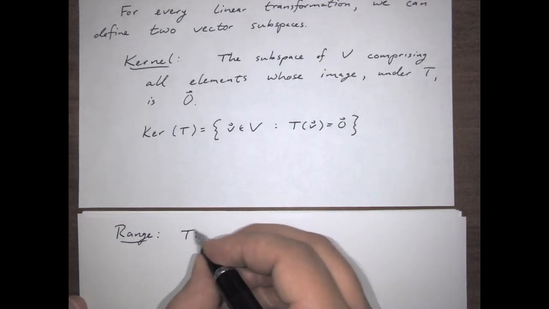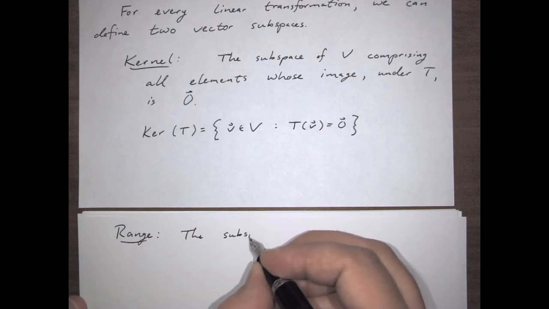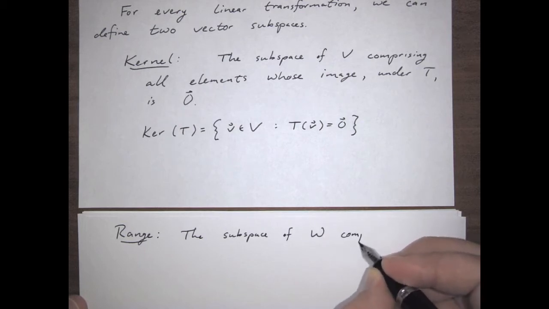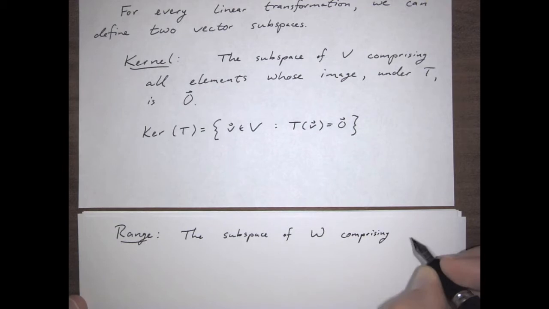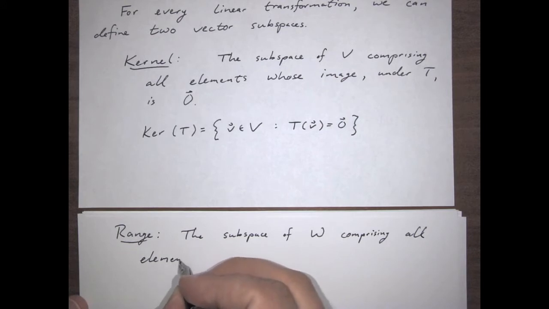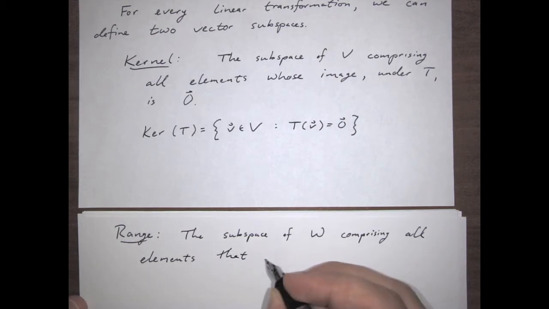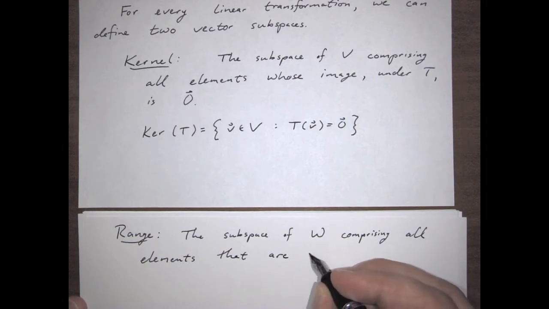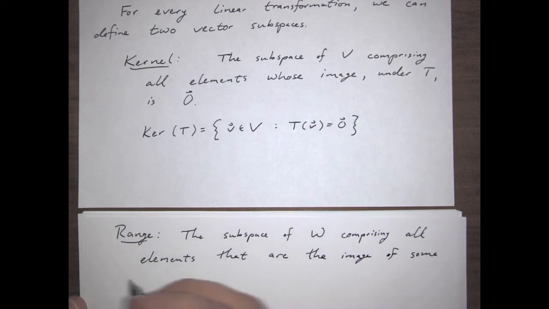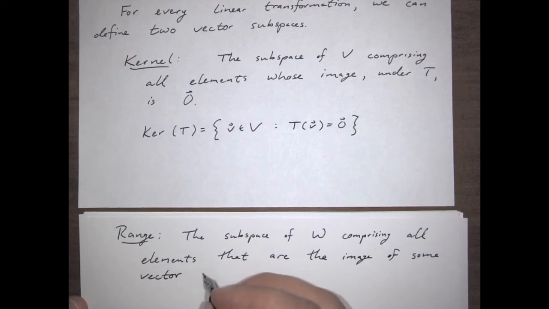So this is the subspace of W comprising all elements that are the image of some vector in V. And by image, I mean under T.